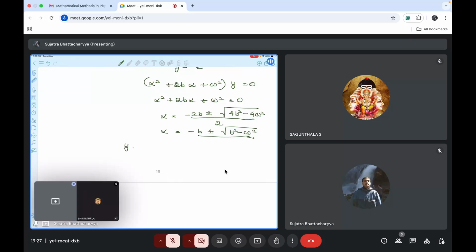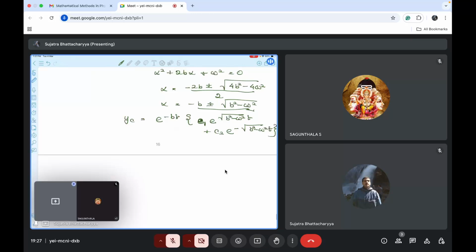So your complementary solution yc will be written as e to the power minus bt, times c1 e to the power root over b square minus omega square t, plus c2 e to the power minus root over b square minus omega square t.